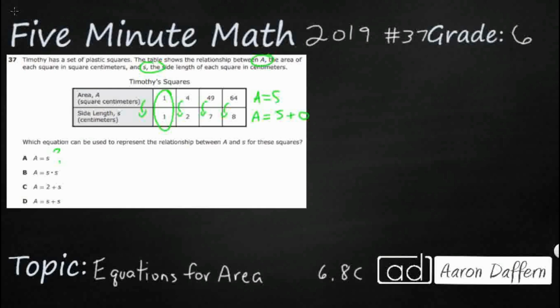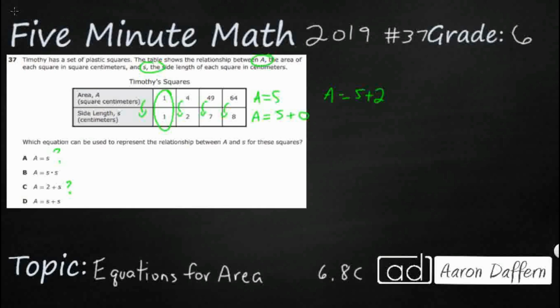So let's look at the second one right here. If we wanted to add, or we've got subtraction there, I guess. We've got A equals S, and we add 2. So that's what I did down there in C. We could get that, but then obviously that doesn't work for this first one.